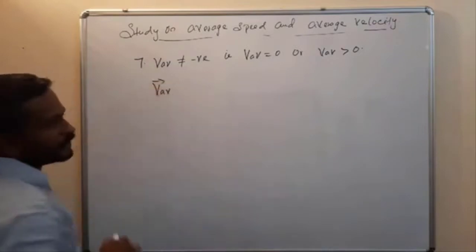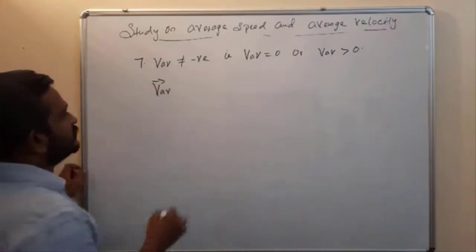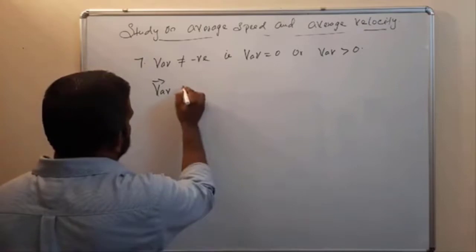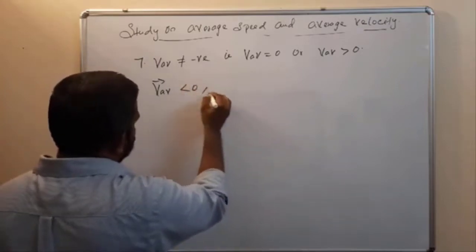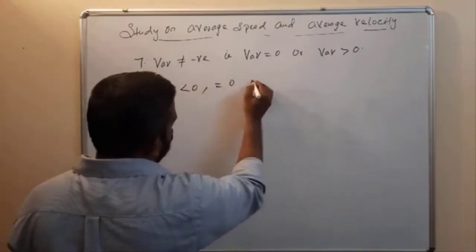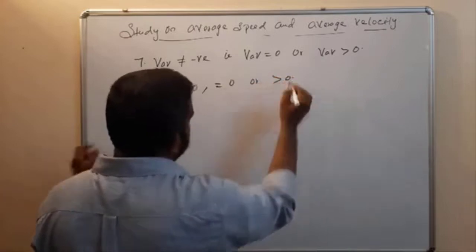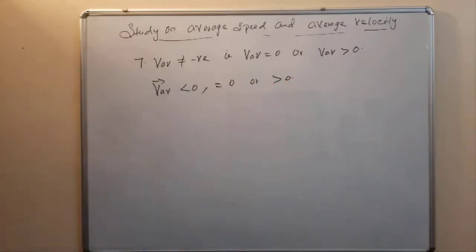Average velocity vector can be less than 0, equal to 0 or greater than 0.